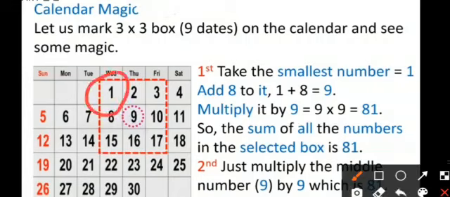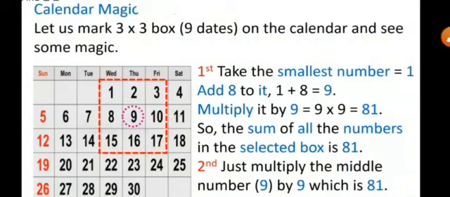Add 8 to it, so it will become 9. Then multiply this number by 9, so you will get 81. So the sum of all the numbers in the selected box is 81. By this method we get the sum of all the numbers in the box without adding them.